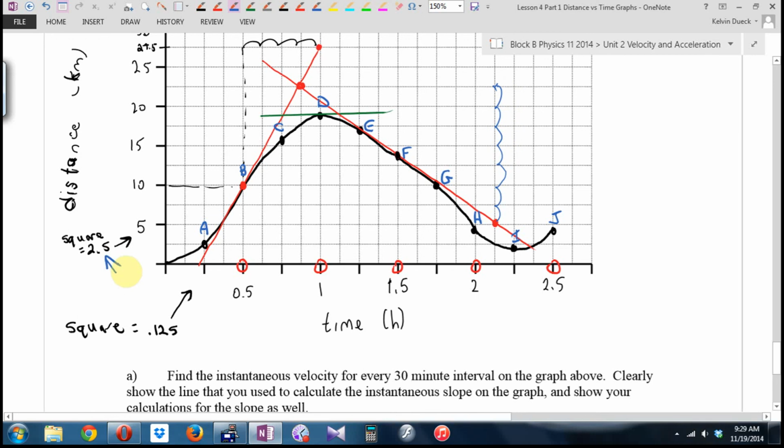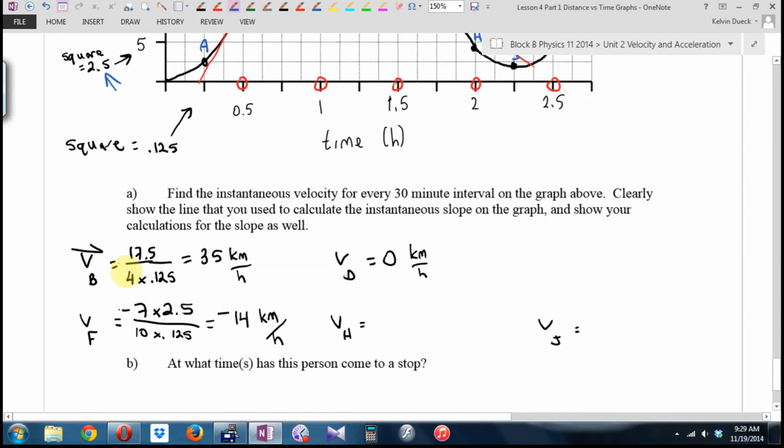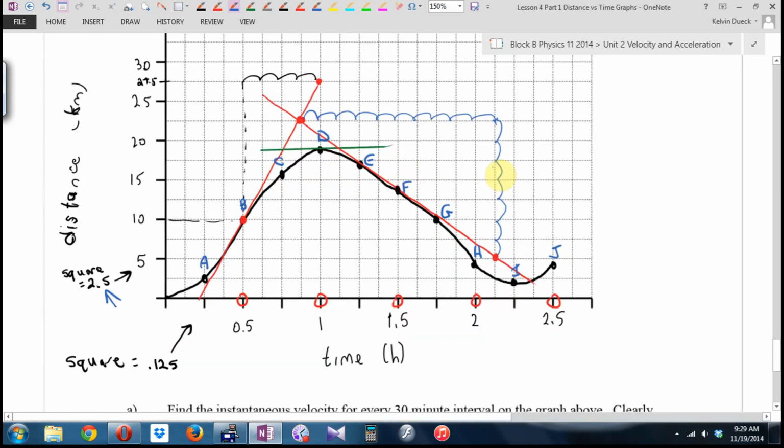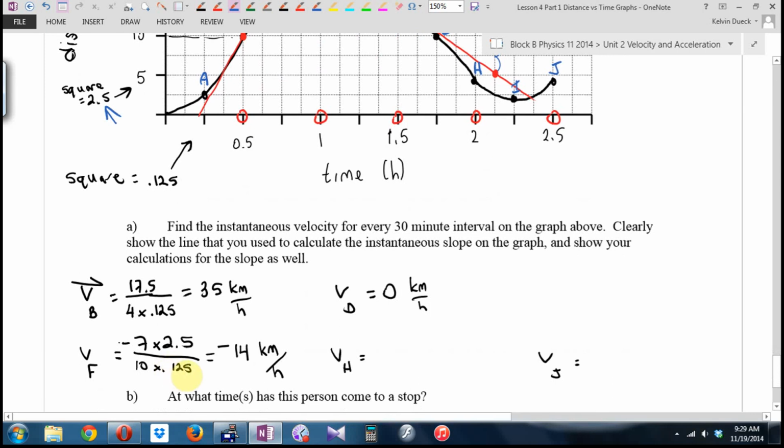Each square is 2.5. So I went 7 times 2.5 right here. Is that okay so far? Then what's my run? 1, 2, 3, 4, 5, 6, 7, 8, 9, 10 squares. Each square is worth 0.125. So there's my run.